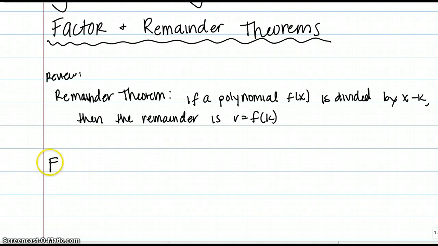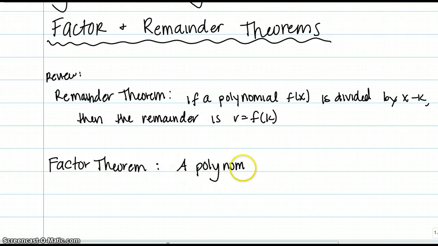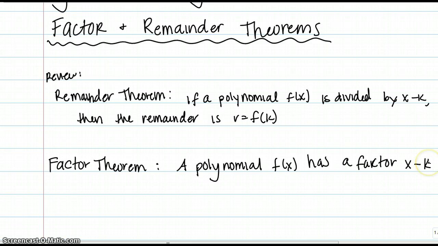So this we haven't talked about before. So the factor theorem says that a polynomial f of x has a factor x minus k if and only if f of k equals 0.